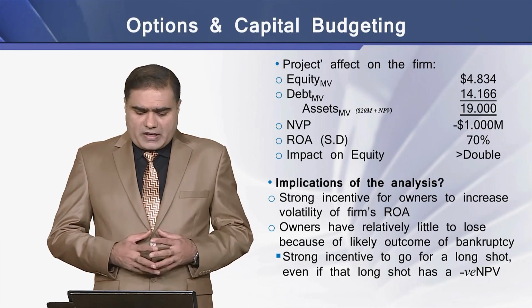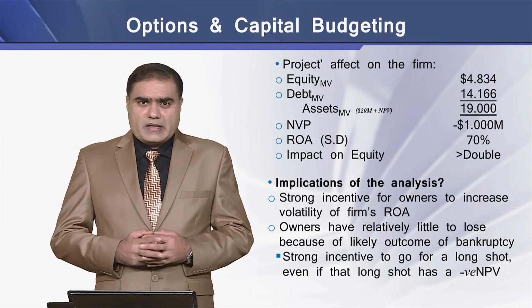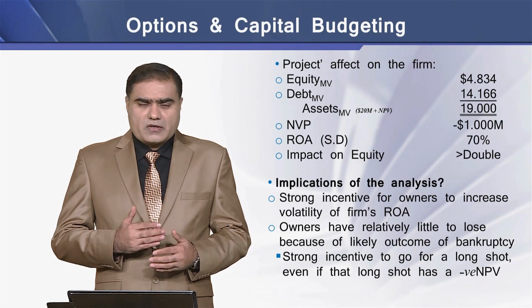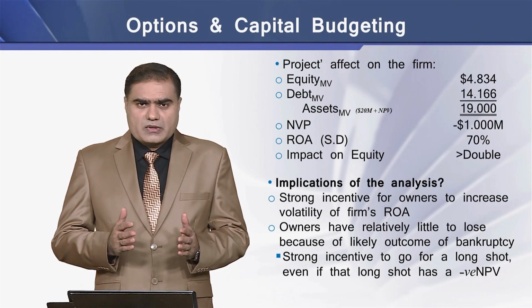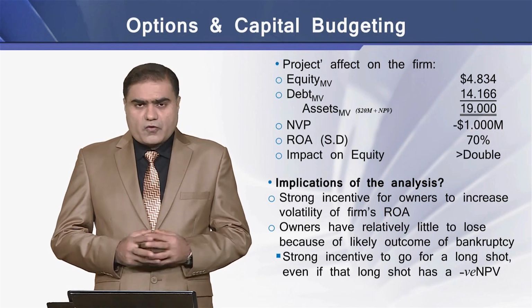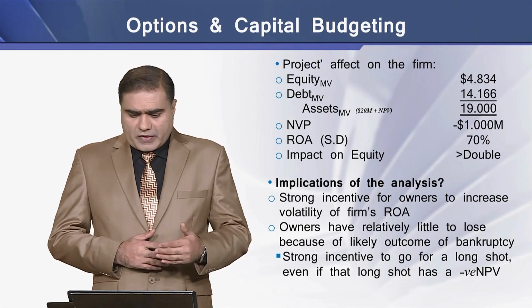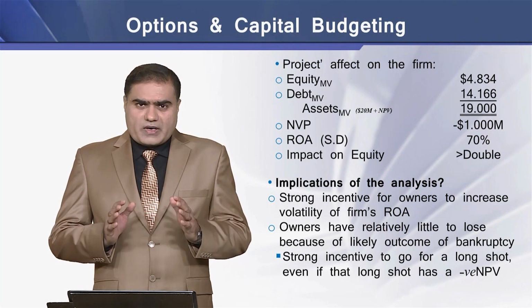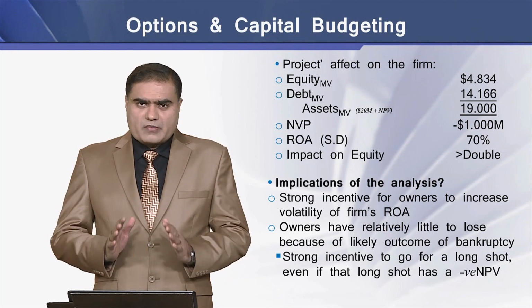and the impact on equity is greater than double, because earlier the market value of equity was just over 2, whereas now the market value of the equity is $4.87 million. Now, what implications can we draw from this analysis?